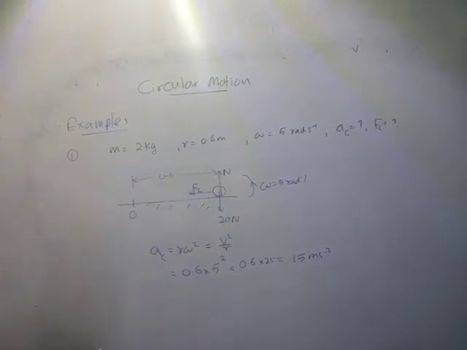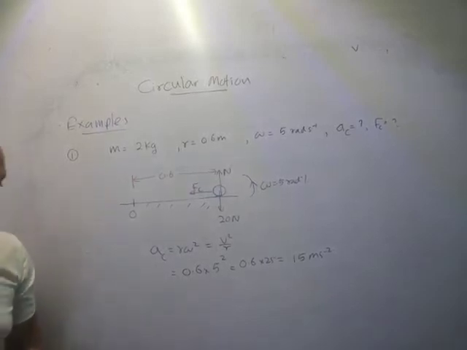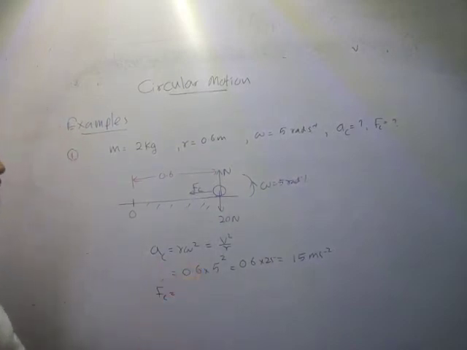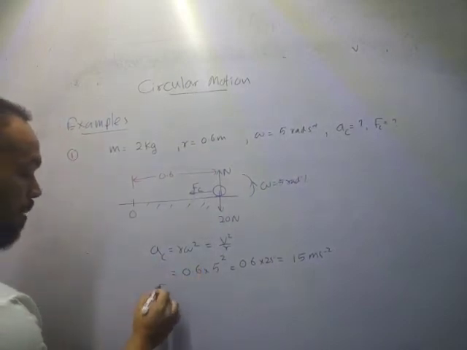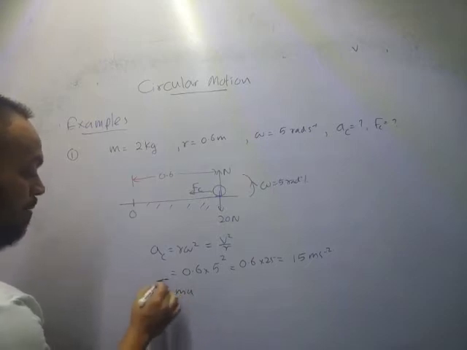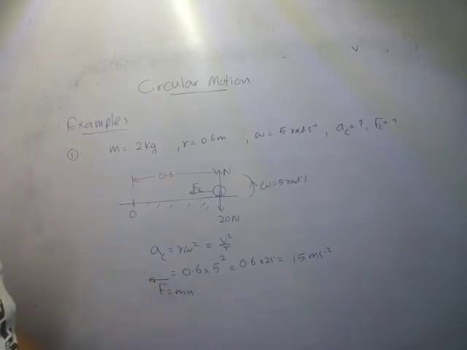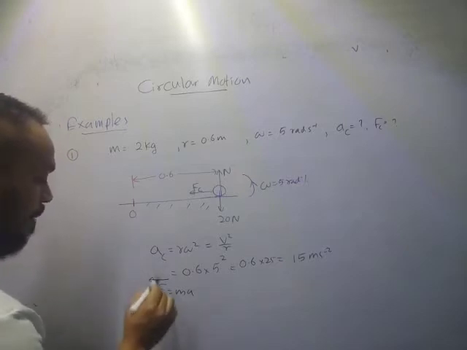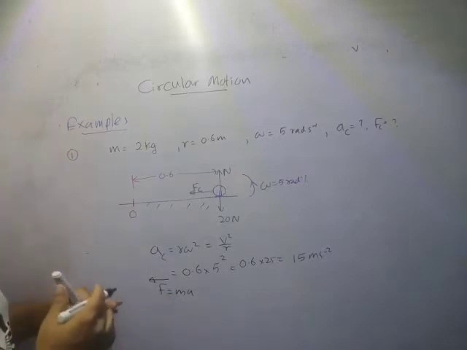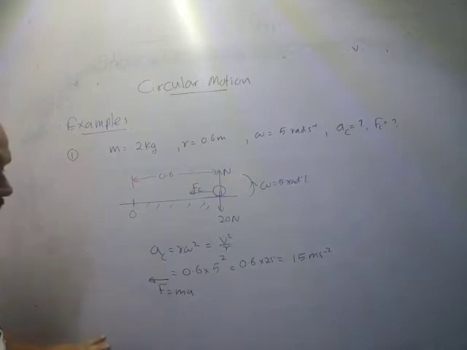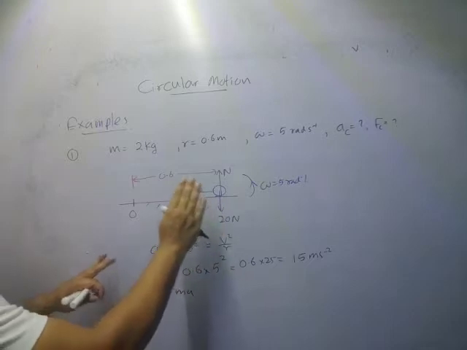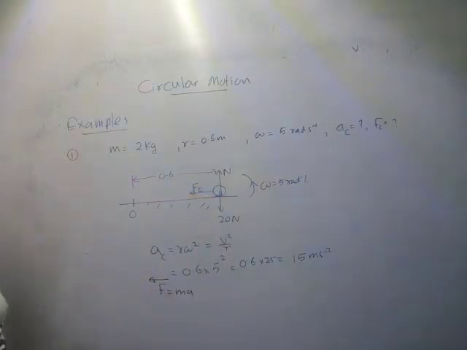Next, the centrifugal force. They are asking for centrifugal force. That actually should be centripetal force. So Fc, we put F equals ma towards the center, right? Now I'm going to use this format instead. So we should look for all the component forces towards the center.